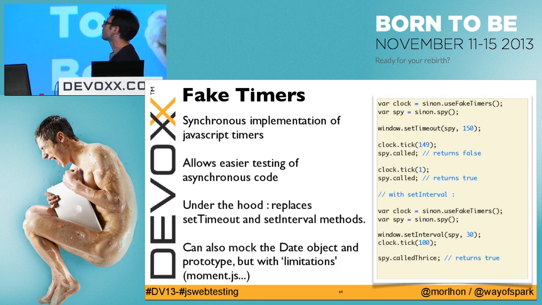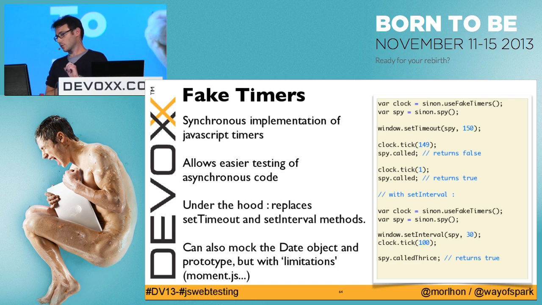Fake timers. I don't know if you have already tried to write tests in JavaScript with timers or AJAX requests, anything that's asynchronous, but it can be very difficult because asynchronous means callbacks. Many asynchronous calls mean many callbacks, and as we've seen in the Zombie demo or any asynchronous demo, it makes a pyramid of calls which is just not really readable.